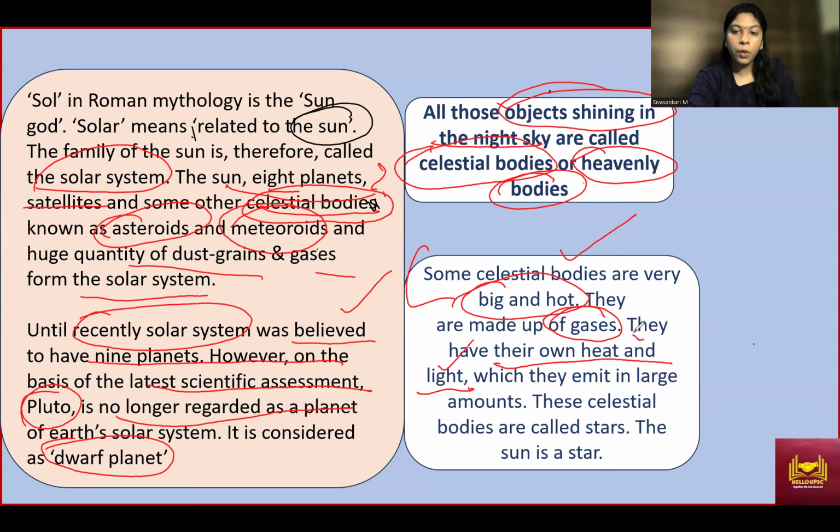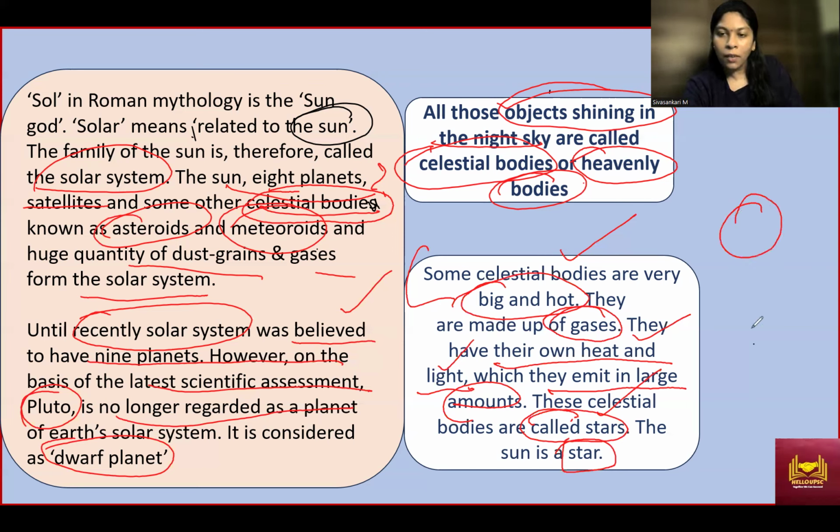They produce heat, and they emit light in large amounts. These bodies are called stars. That only we call stars. Sun is a star, but we always represent it like this. And when you're talking about a star, we used to draw it like this. But all are stars only. Sun is also a star. Okay. So this we have seen, this way we have to read.